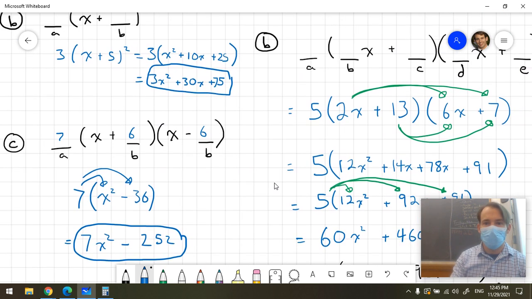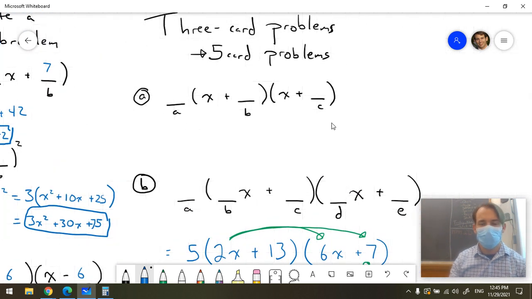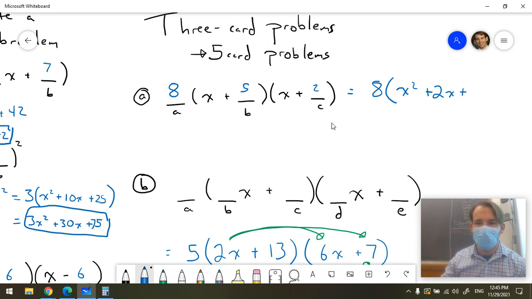Then we get to three-card problems. A three-card problem might look something like this, where let's say I draw an 8 and a 5 and a 2. And then that would expand out to 8 multiplied by x times x is x squared. X times 2 is plus 2x plus 5x plus 10.